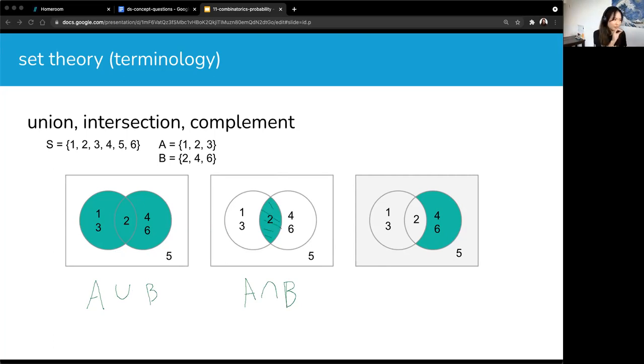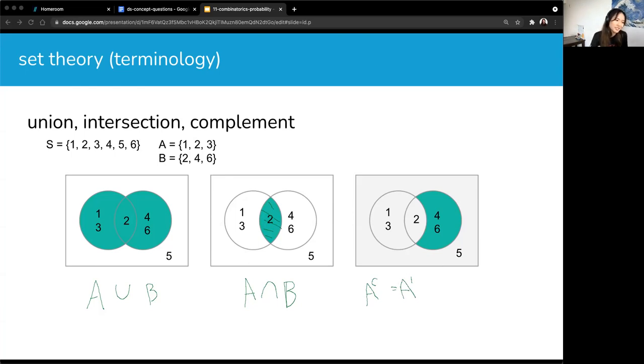Now this one is a little bit different. This one is complement. There are several different ways that you can say complement. So one way that you might see it is, for example, let's say we have A. The complement of A might be denoted with a tiny c on the top for complement, or a different notation, which you might see in some places, a little apostrophe. If you see that, both of those can mean complement.